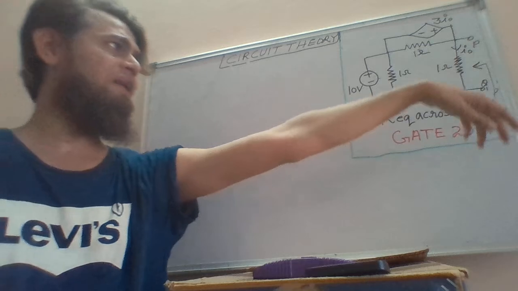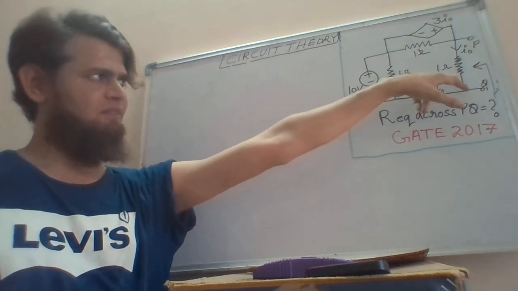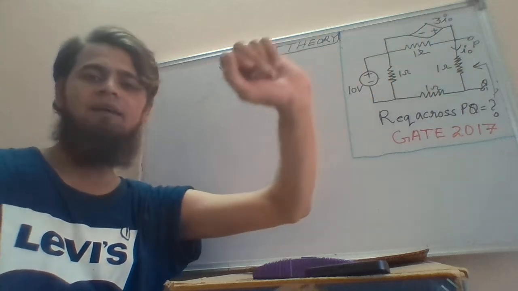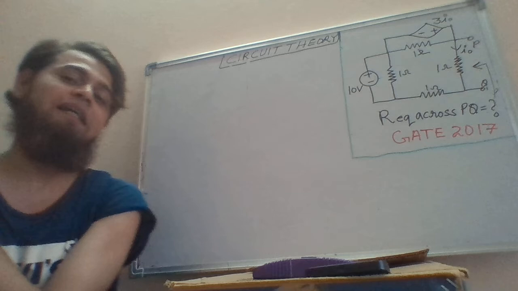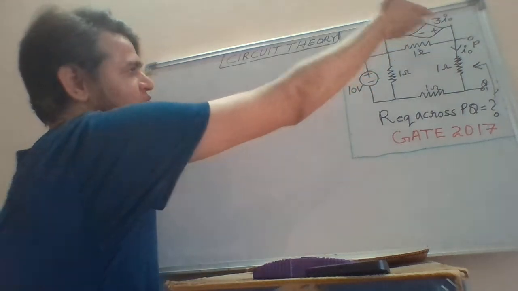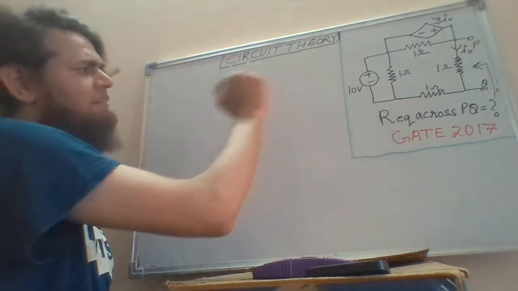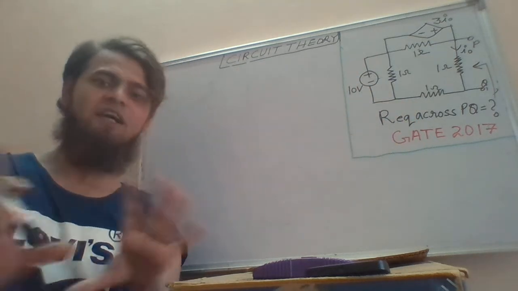What is I naught? I naught is the current through this 1 ohm branch. So you should call this battery a dependent battery. So it's a dependent voltage source, and here you have an independent battery in this circuit.